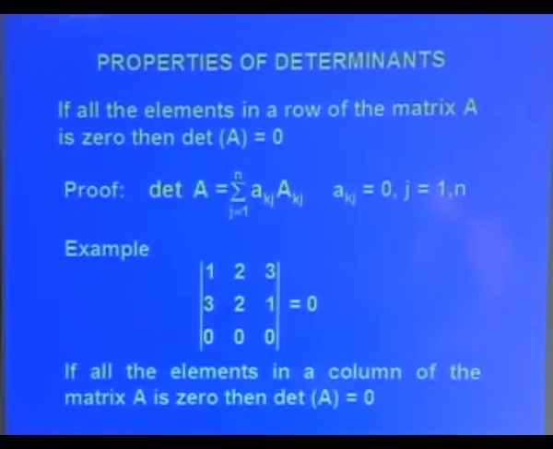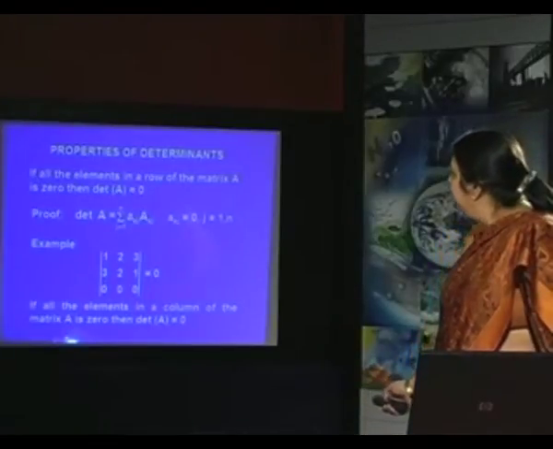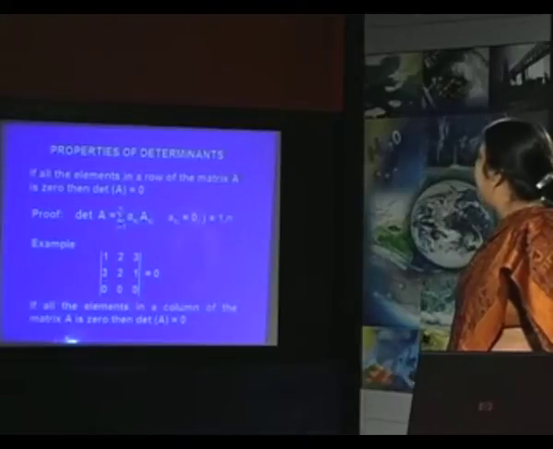Now this proof I have given when the row of a matrix has all 0 elements, but it may happen that a column of a matrix has all 0 elements. The proof will be on the same lines, and the result will be that if all the elements in a column of a matrix A are 0, then determinant A is 0.